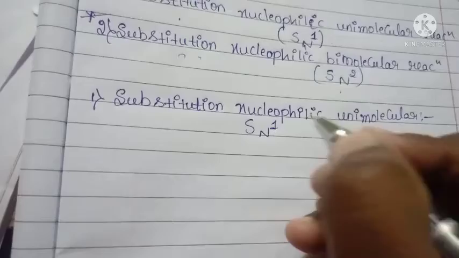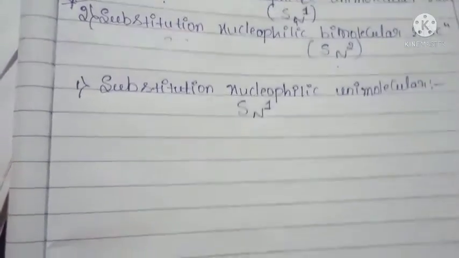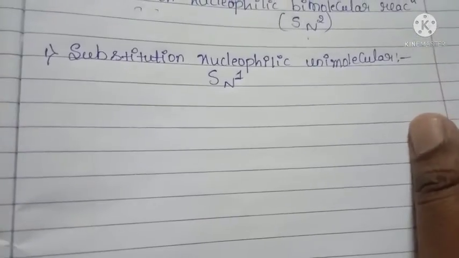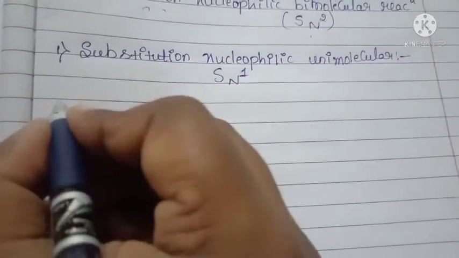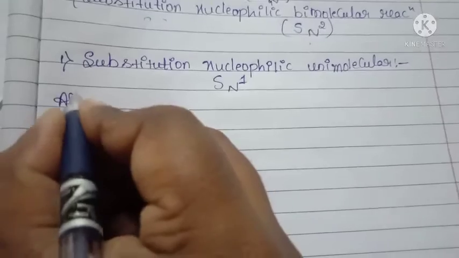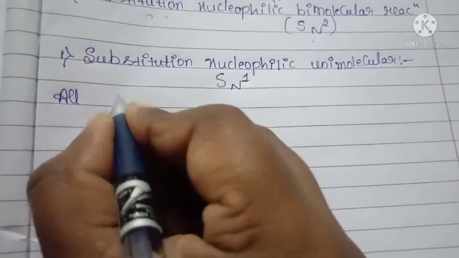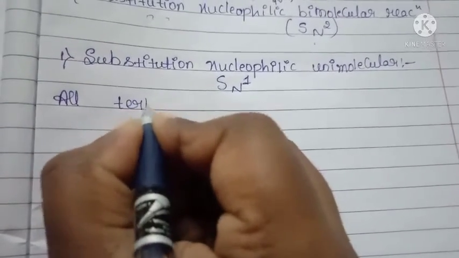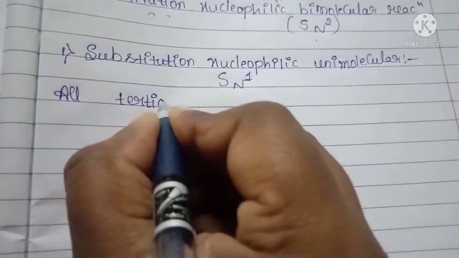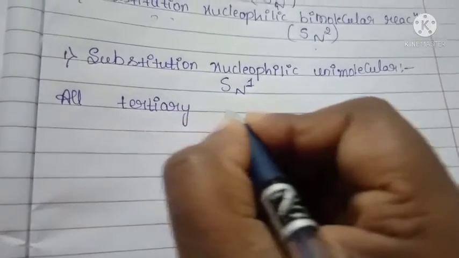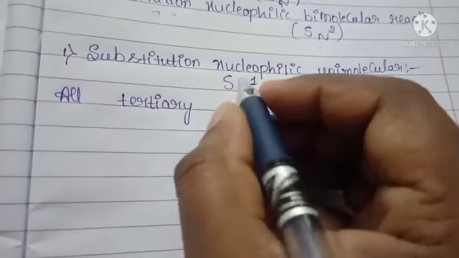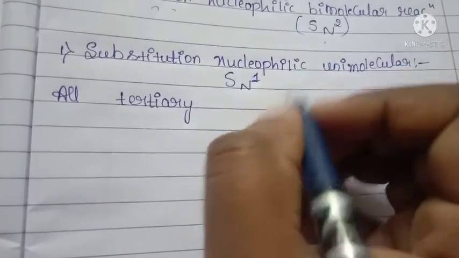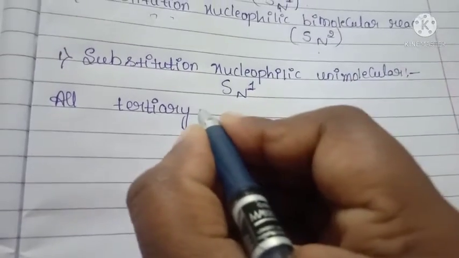Okay, we know that all tertiary alkyl halides generally undergo SN1 reaction. Mainly you have to know that all tertiary alkyl halides. Tertiary means, as I explained yesterday, the carbon atom should not contain any hydrogen atom. That carbon atom is bonded with the halogen atom.